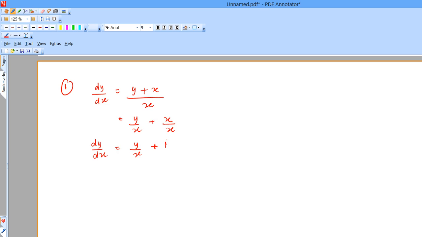Next we can substitute v equal to y over x and dy over dx equal to v plus x dv over dx. So on the left hand side we substitute: v plus x dv over dx equal to v plus 1.